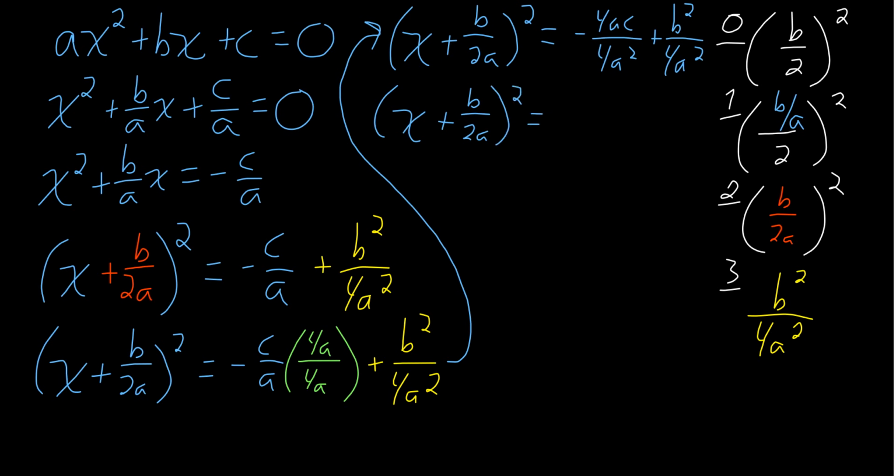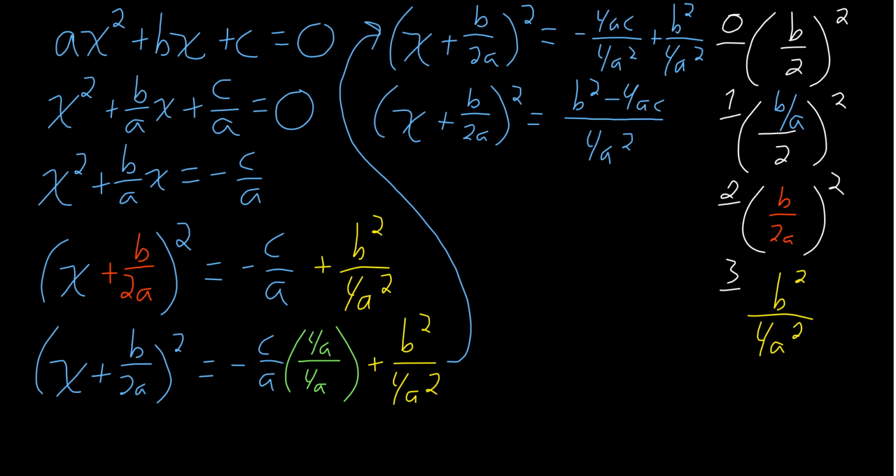Okay, so I have a common denominator, so I can write this entire problem over 4a squared. So it is a negative 4ac plus b squared, right? I just combine my numerator. Well, for the sake of not having a negative out front, and knowing that we're just going to have the b squared out front whenever we conclude this, let's just go ahead and rewrite that as b squared minus 4ac.